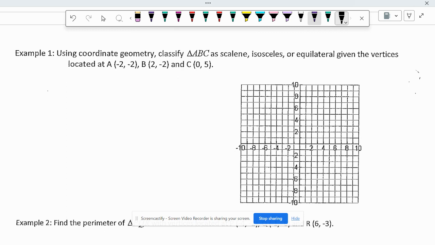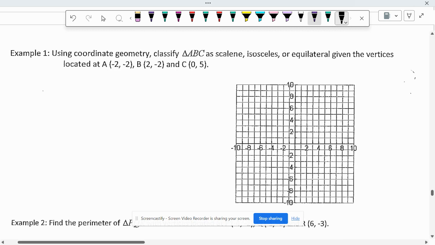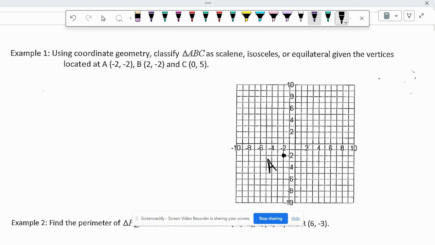So first thing that we're going to do is what? Graph the coordinates. So -2, -2, that's A. +2, -2, that's B. 0, 5, that's point C. Oh, let me fix that.